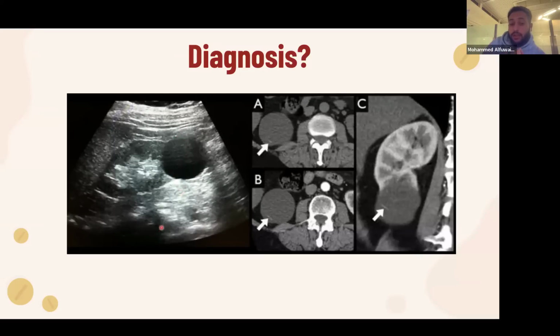And you can clearly tell right posterior to it is posterior acoustic enhancement, okay? Which is because the sound waves will pass through this fluid-filled cyst and then will enhance further posterior to it, okay? Now, if you do CT, as you can clearly tell over here, you have one septa. This is a very benign cyst, or most likely benign cyst. So in this case, we don't really worry much, okay? So this is a renal cyst.